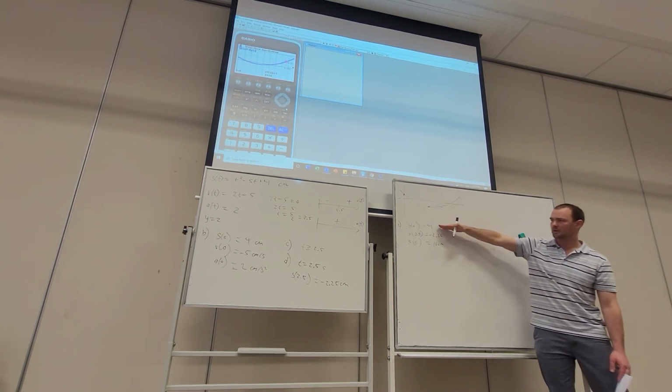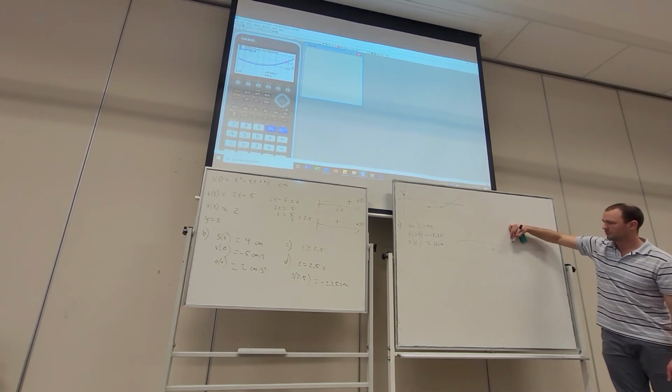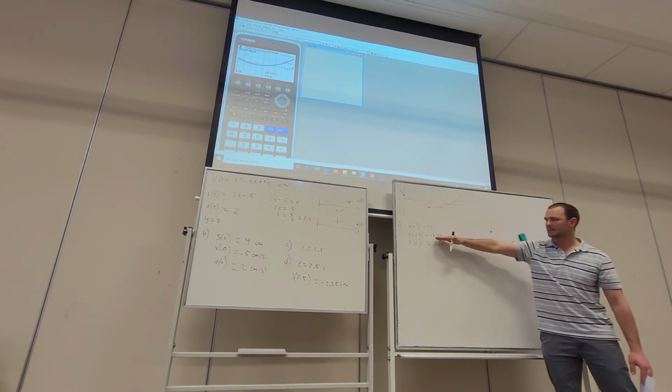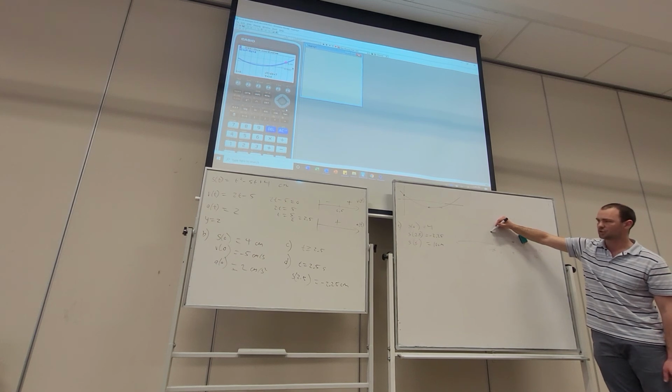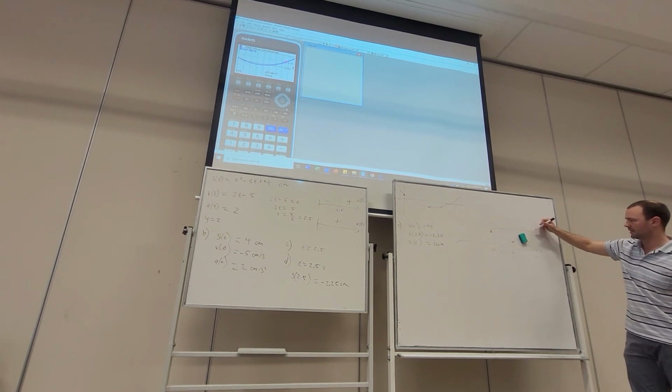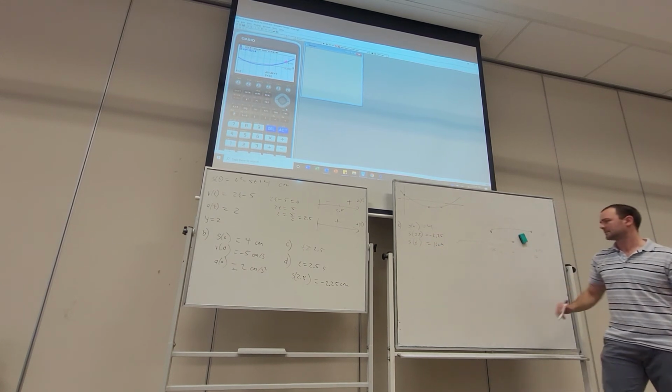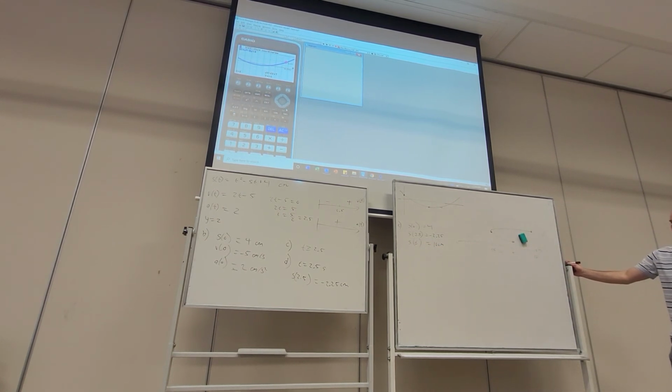When time is 0, it's at 4 centimeters. When time is 2.5 seconds, it's at minus 2.25 centimeters, and it changes direction and moves to the right. And after 6 seconds, it has a displacement of positive 10 centimeters. This describes its position. Okay?